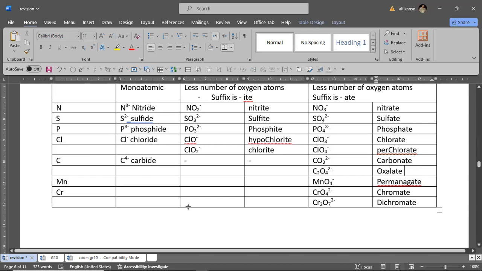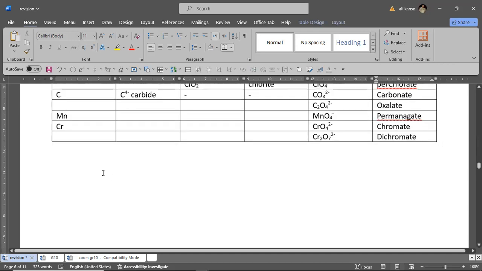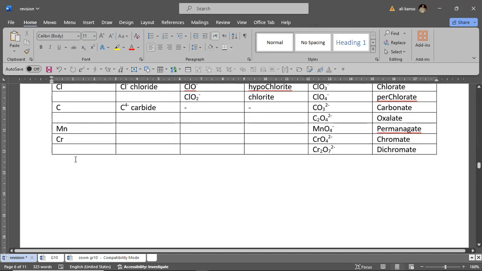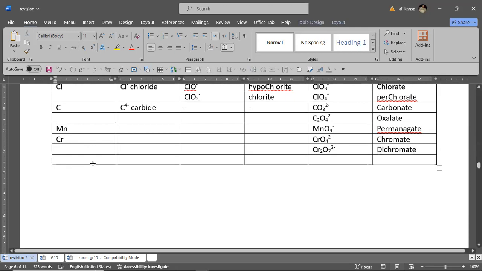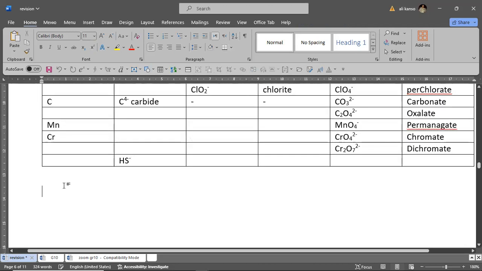Okay. There is also sometimes before S, we get HS. Let us explain it. S2 minus is called sulfide.